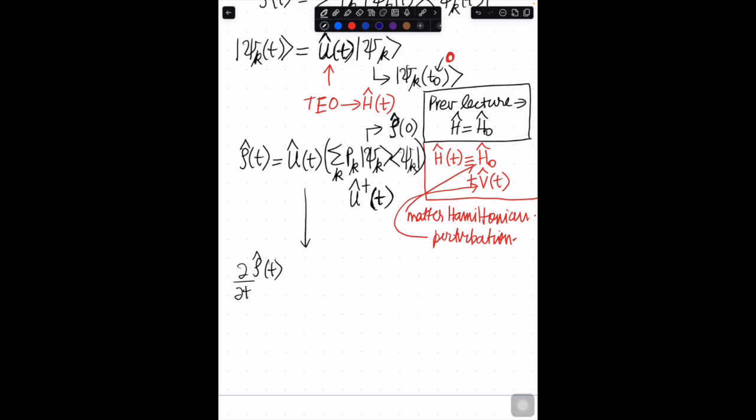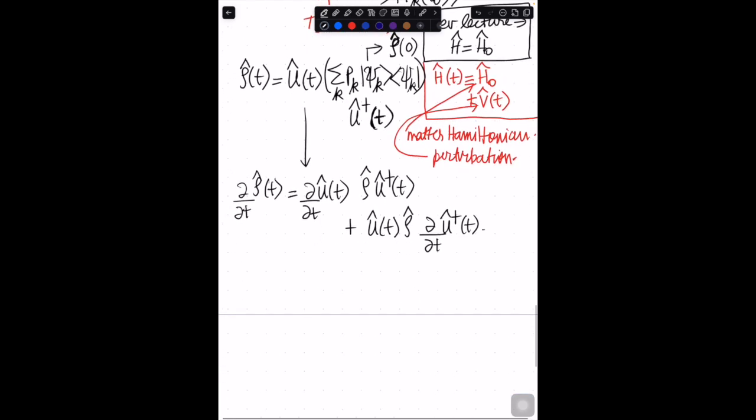So you take the derivative of the first term, the time evolution operator, so you get dU hat by dt times rho hat times U hat dagger of t, plus U hat of t times rho hat times the derivative of U hat dagger of t. So you're stuck here.